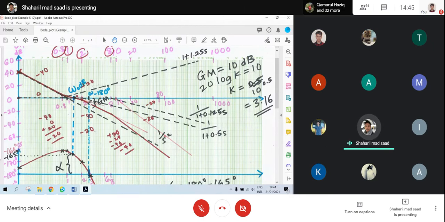For the phase margin, you need to look at where the gain plot crosses 0 dB, and then you bring this line to the phase plot, and that is your phase margin. That means 180 minus 165, so you get the phase margin.